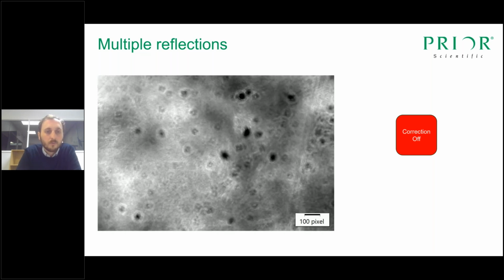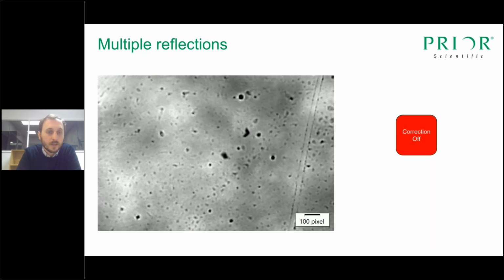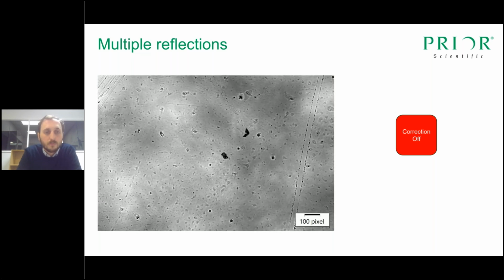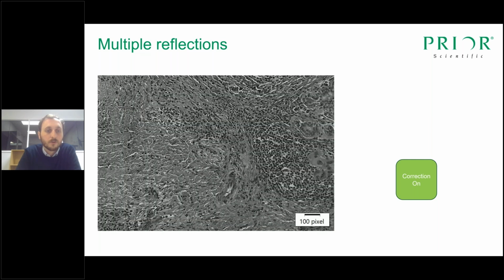But in turning the servo on, we've identified one of these other interfaces which we don't want to image. Moving back to the plane that we were at previously, we've now turned this interface correction on. And now what you'll see in just one moment is the correction activating and bringing the sample back into the correct plane of focus. We've used our correction capability to avoid locking in on the wrong interface.